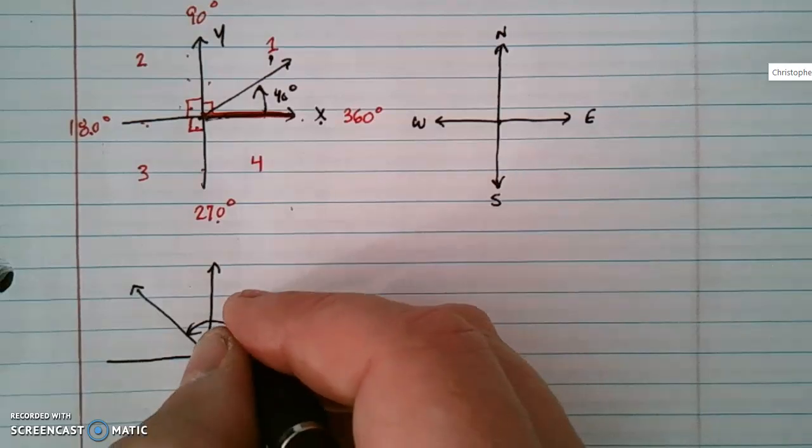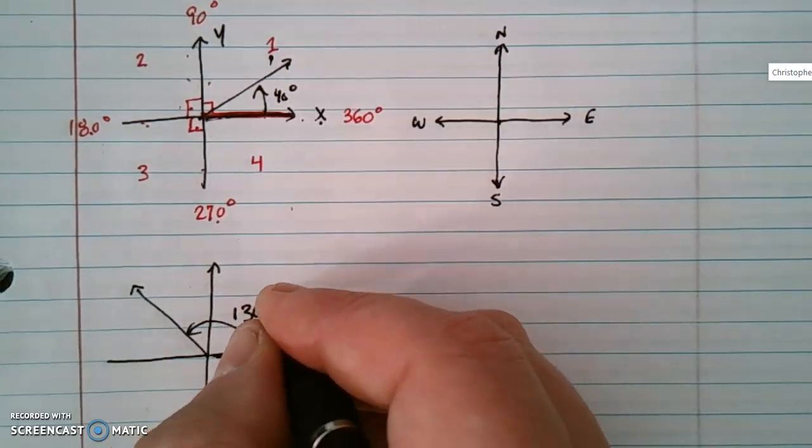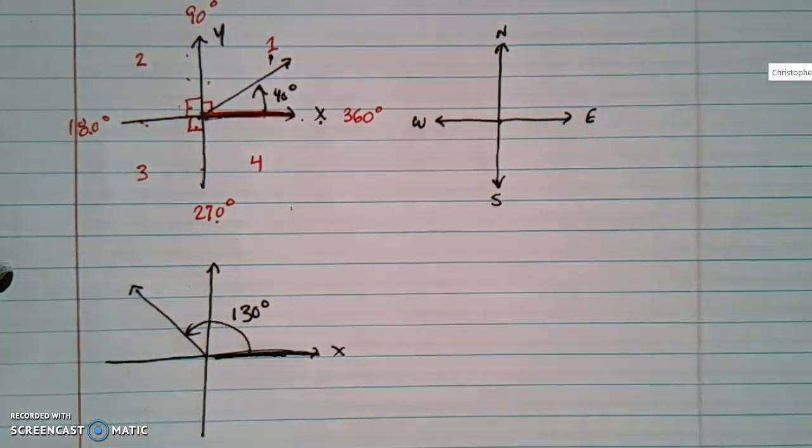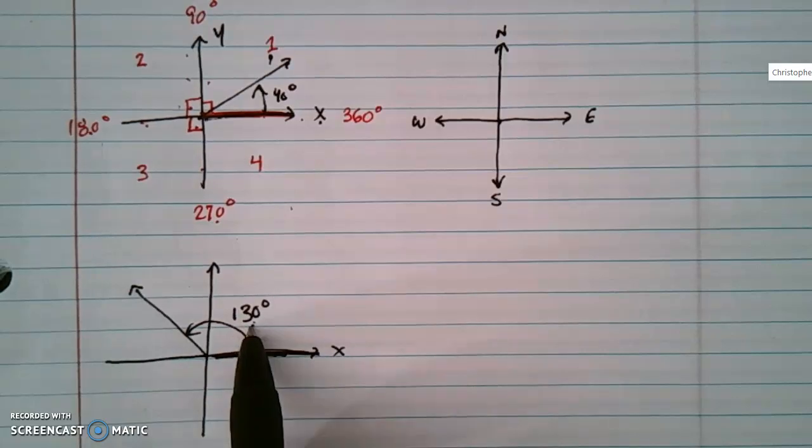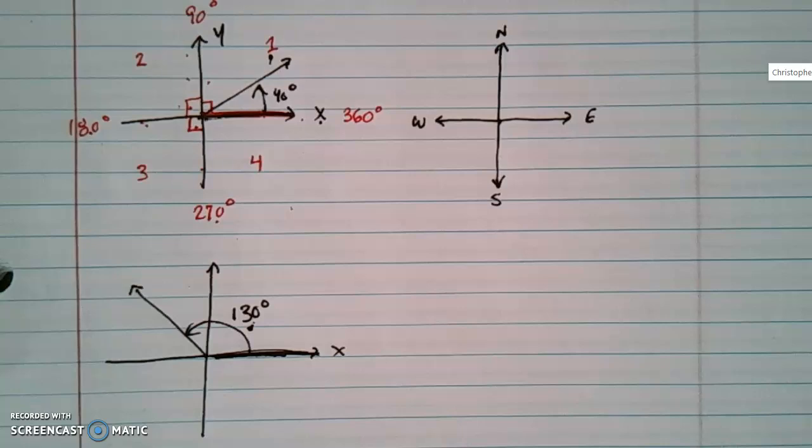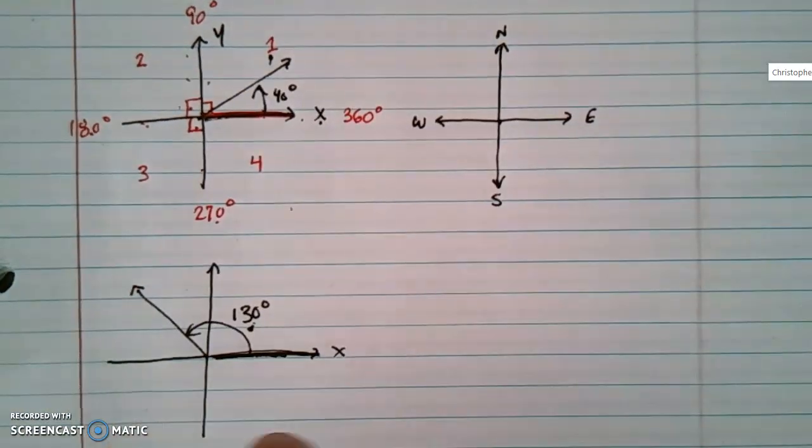And so let's say this is 130 degrees. All of my trig definitions are inside of a right triangle. You can't have 130 degrees in a right triangle. It doesn't work. So someone made a really nifty discovery, and it's called reference angles. And what it does is it lets us use our right triangle definitions in the other 3 quadrants.